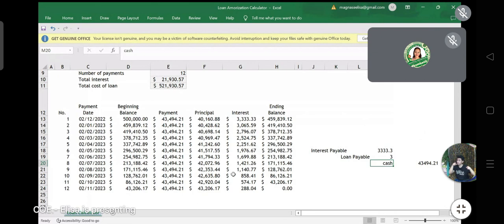Okay? So again, the interest payable will be reported as part of our current liability, payable outright. So that's it, people. In our liabilities, you have your current and your long-term. For current, you have notes payable, accounts payable, accrued or unearned revenues, accrued payables, and the current portion of long-term.